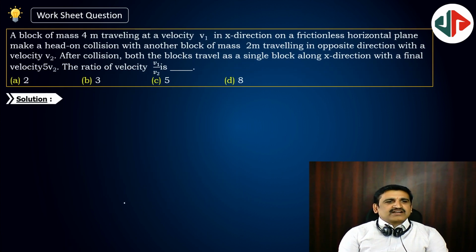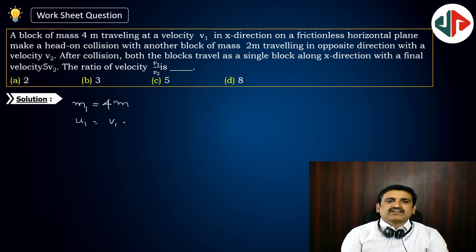A block of mass m1, I can take it as 4m, traveling with velocity v1. So u1 is equal to v1, I can take along x direction. On a frictionless horizontal plane it makes a head-on collision with another block m2 equal to 2m, traveling in the opposite direction, u2 equal to minus v2.